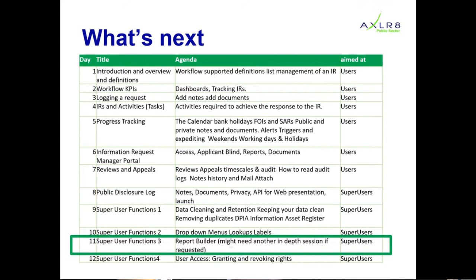Lastly, we're going to be looking at the area of user access and granting and revoking rights. I'm hoping that a feature that we've got on one or two authorities, I can put on the DemoShire system to show you how you can group individuals into a role, such as an information request manager.